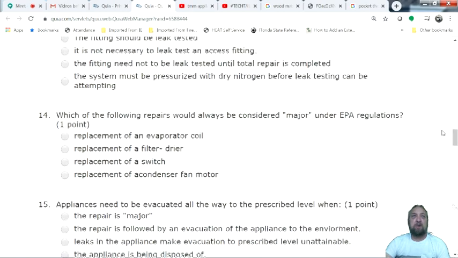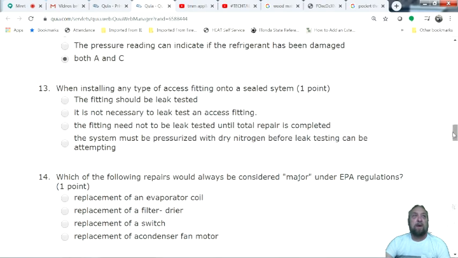Now the next question. When installing any type of access fitting onto a sealed system, what should you do? The system must be pressurized with dry nitrogen before leak testing can be attempted. Well, usually we put an access valve on a system that already has Freon in it, like a bullet valve.